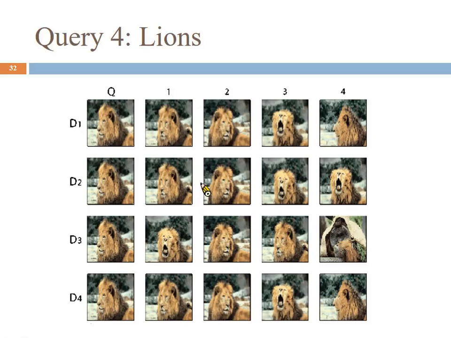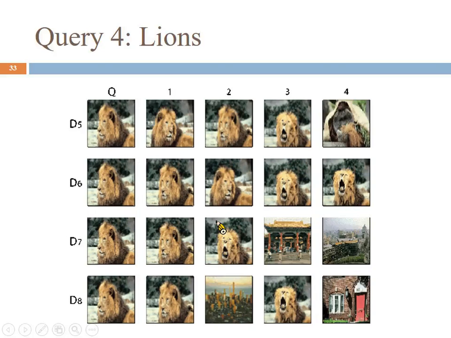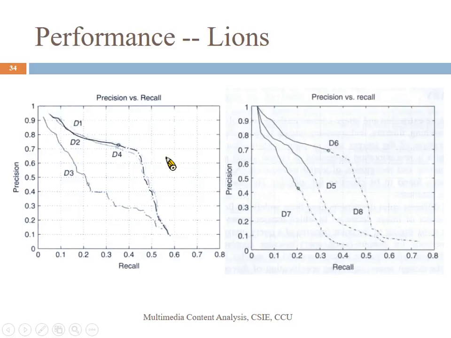The fourth benchmark is the lion query. We see a not so good result in D3, and we get bad results from D7 and D8. Here is the PR curve based on the lion query image.